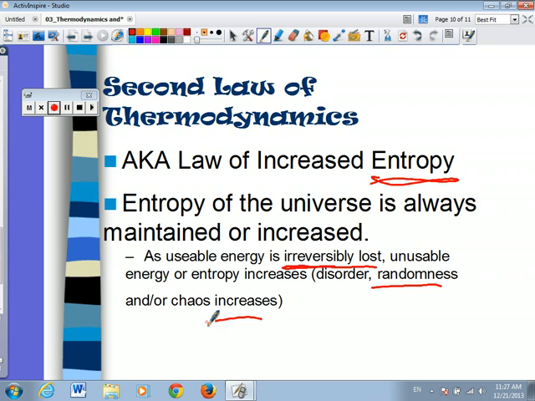The key is every time energy is transferred, you lose a little bit along the way. We're trying to get better at capturing that. We lose energy in various systems, but we always lose a little along the way. That entropy, it's a great idea. It's a wonderful concept.